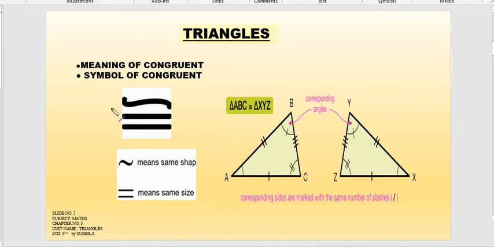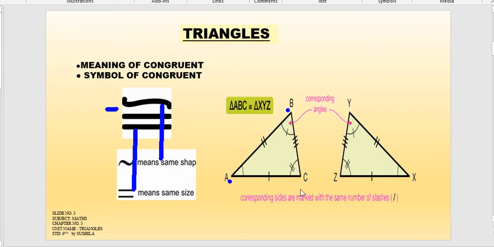Here one symbol you can see, right? This symbol, one part of the symbol means the same shape, and the other part means the same size, right? Here the two triangles you can also see on your screen.